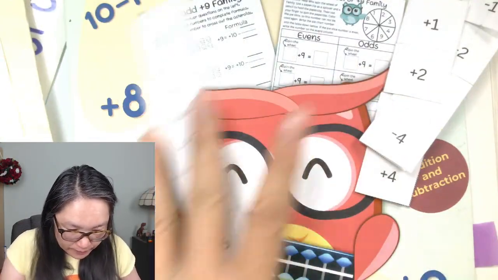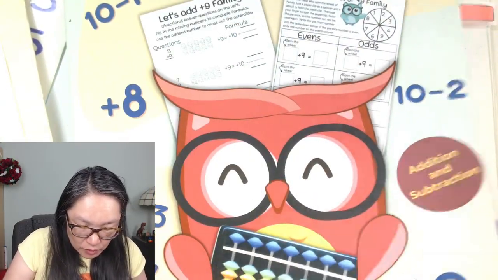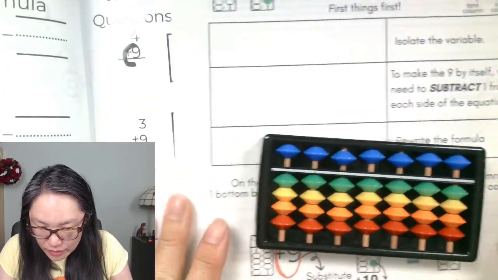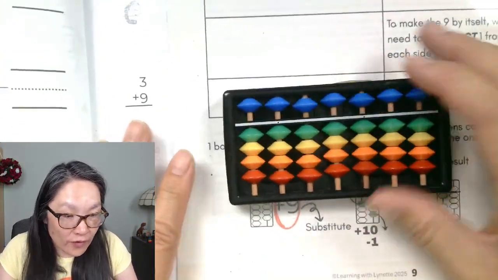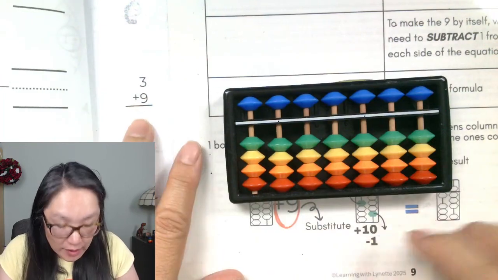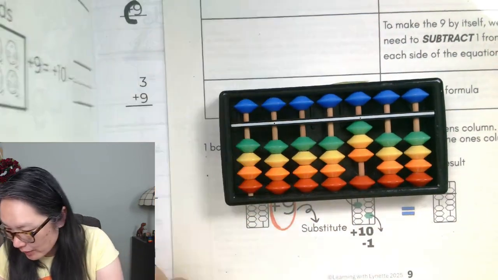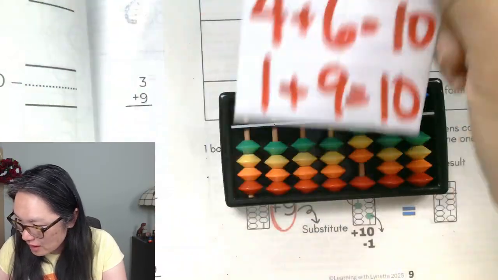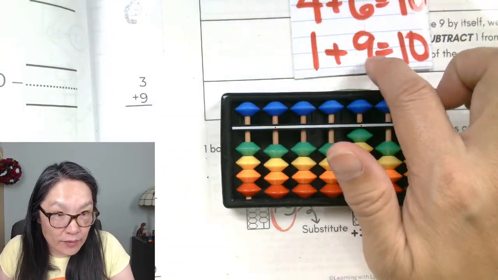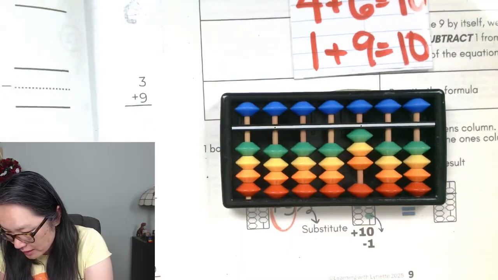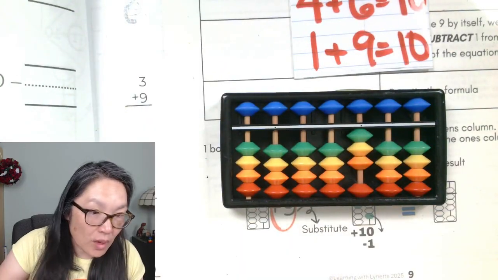let's do a question. What's going to happen is I want to add 3. So if I add the 3 on the abacus, I want to add 9, but I cannot add the 9. But wait, we know this concept. We know the concept of 9 plus 1 is equal to 10. We know this. Well, how do we change it?